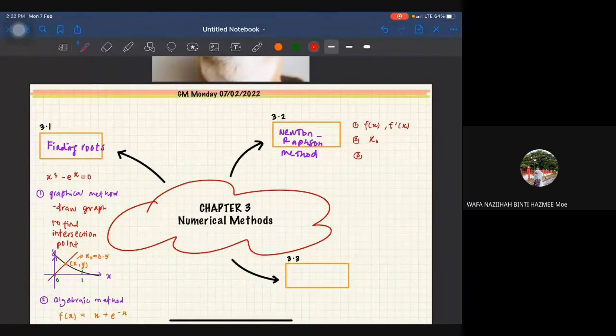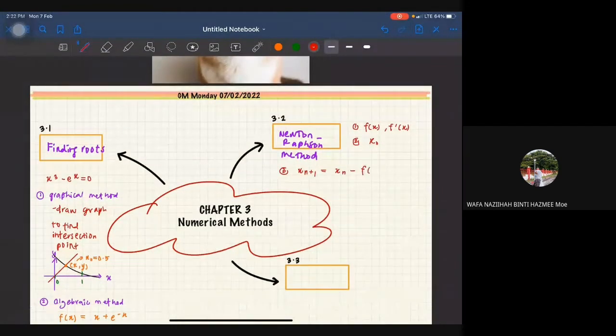Okay, and then step yang ketiga, yang terakhir, ini biasanya dia panjang sikit sebab awak kena tekan calculator. Okay, so you want to find x(n+1) is equal to xn and then minus with f(xn) over f prime of xn.